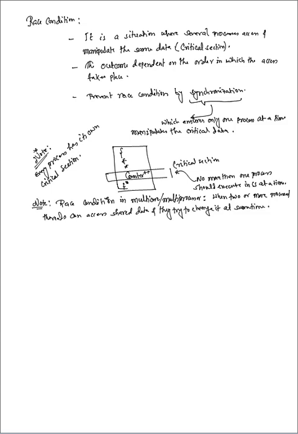Same thing: at the same time two or more processes are competing for the shared data or manipulating it, then race condition will be like this. So now we will take another example to understand race condition.